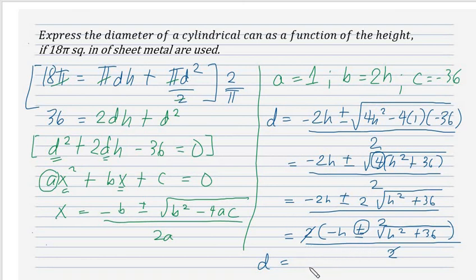So we will select positive, and this will now be our answer: d equals negative h plus the square root of h squared plus 36. Okay, so we now have diameter as a function of height. If I know height, I can solve for the diameter.